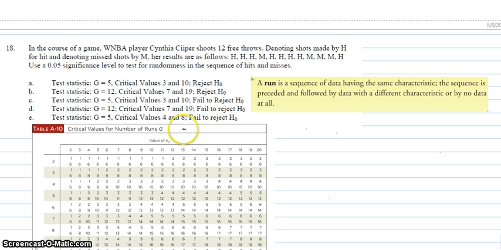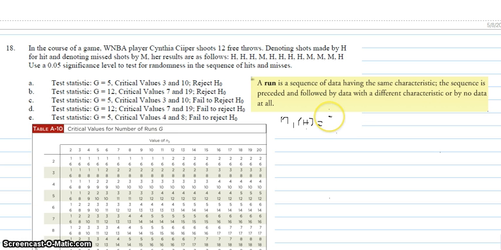First of all, let's count up our numbers so we know what numbers we're dealing with. N1, which is going to be our hits. Our N1 equals, how many H's do we have? 1, 2, 3, 4, 5, 6, 7, 8.